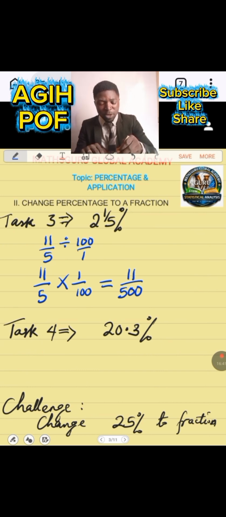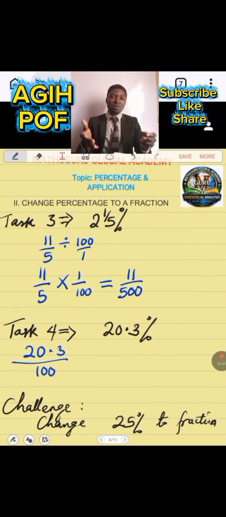So let's go there. 20.3 divided by 100. Anytime you are dividing a number by 100, remember the simple clue: just move the decimal point backward twice.